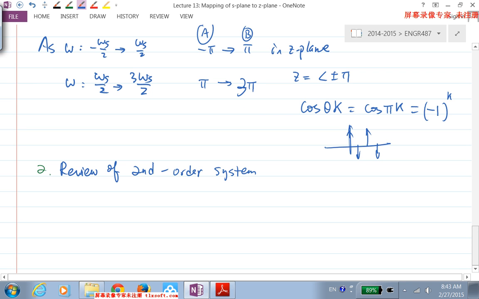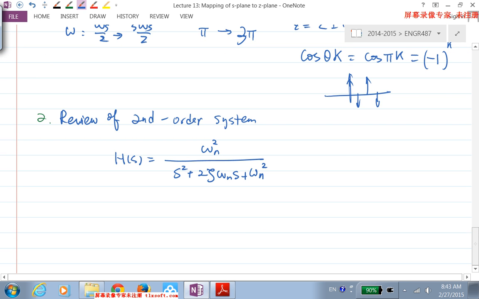So what is a second order system? It's this transfer function.